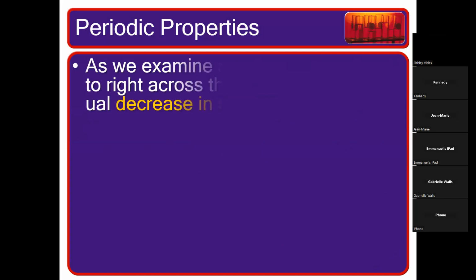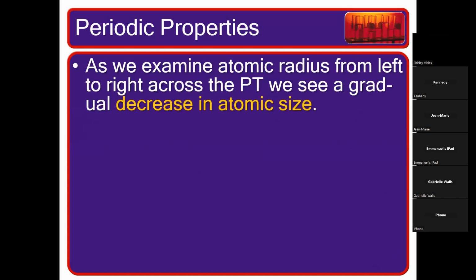All right. So the first one that we're going to look at is atomic radius. Pay attention to the direction that it's talking about. It says left to right across the periodic table, we see a gradual decrease in atomic size. And you're going, wait, doesn't that go backwards with the number of electrons?